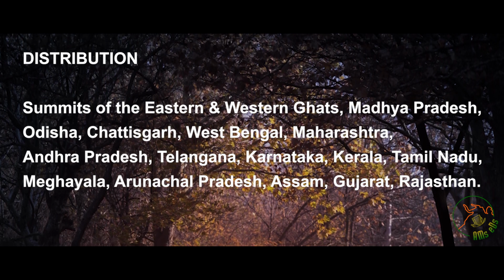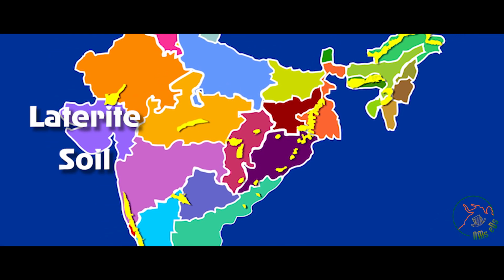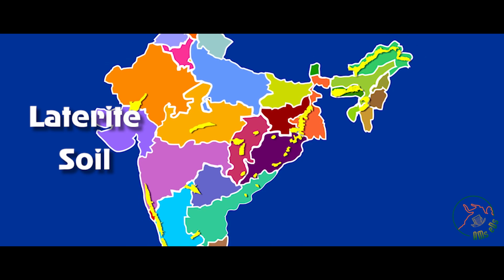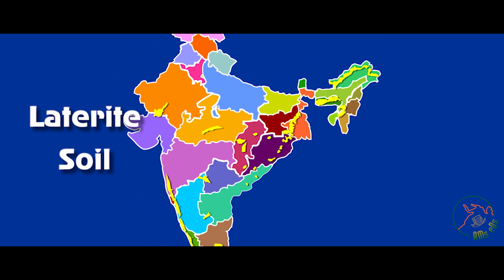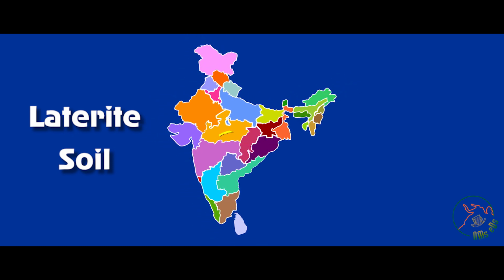We find laterite soil distributed mainly in the highland areas of the Peninsular Plateau, the summits of the eastern and western Ghats, and towards the east, that is, Madhya Pradesh, Odisha, Chhattisgarh, West Bengal, Maharashtra, Andhra Pradesh, Telangana, Karnataka, Kerala, Tamil Nadu, and towards the east in Meghalaya, Arunachal Pradesh, and Assam.